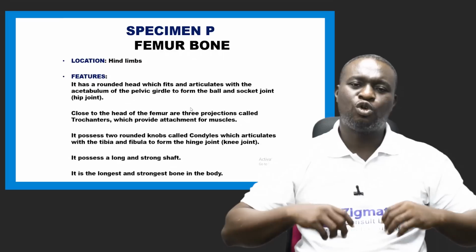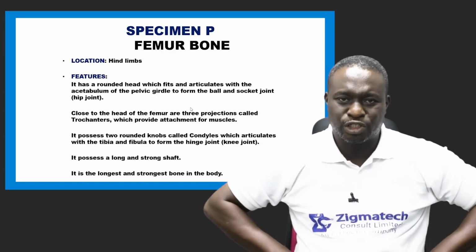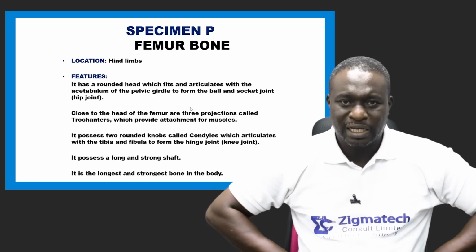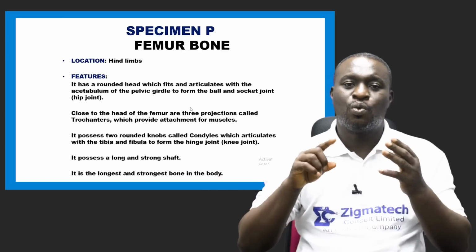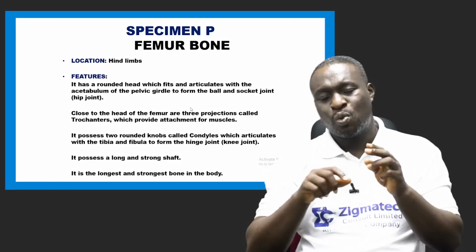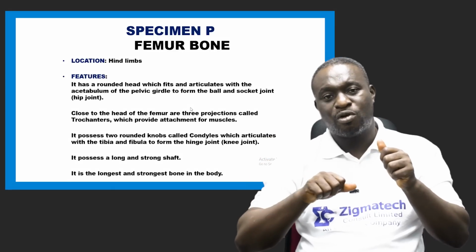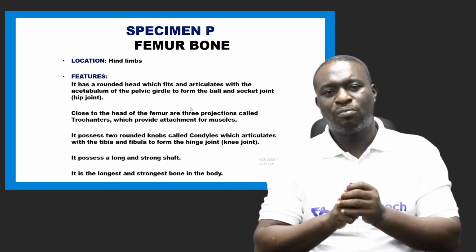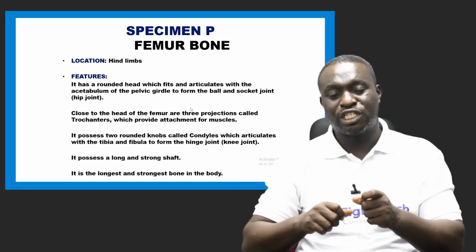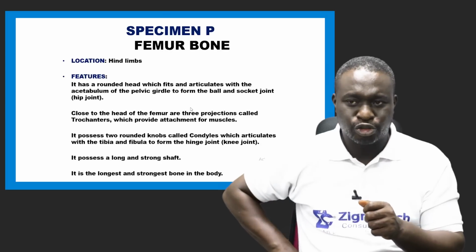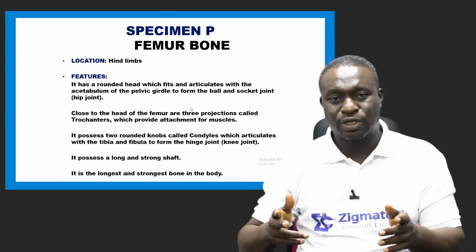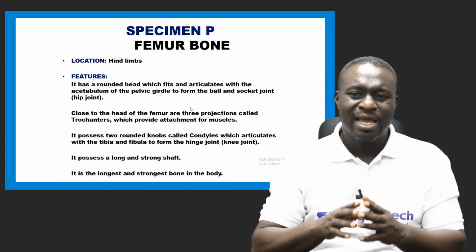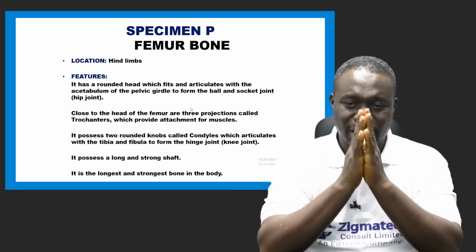The acetabulum is located at the pelvic girdle. In the pelvic girdle, we have the acetabulum, where the head of the femur articulates to form the ball and socket joint, which is also known as the hip joint. The hip joint allows movement in every direction.